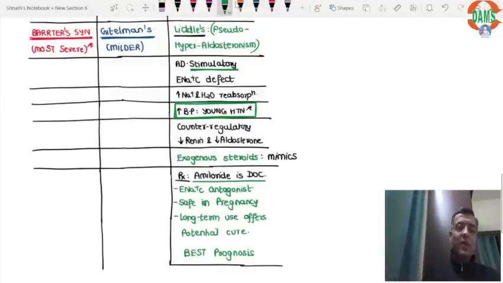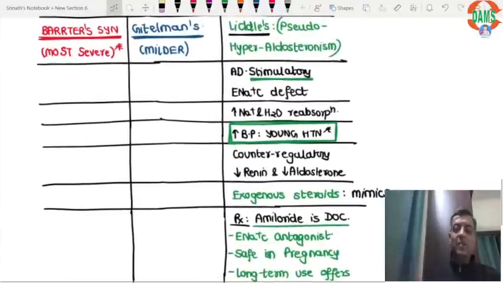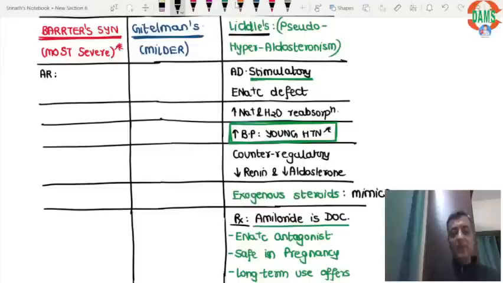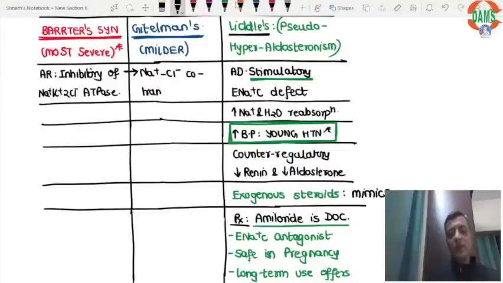But in the other two columns, what are we highlighting in comparison? Bartter's versus Gitelman. Both are autosomal recessive inhibitory defects. Bartter's is a defect of the sodium-potassium-2-chloride pump, while Gitelman is a defect of the sodium chloride co-transporter.